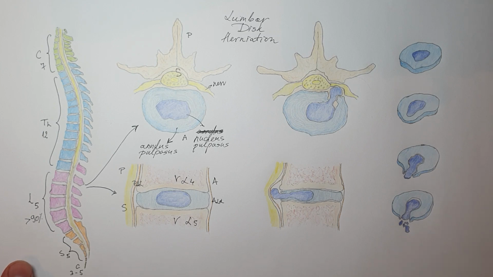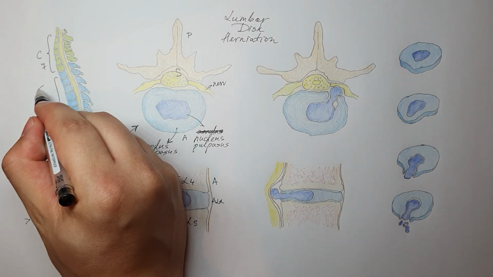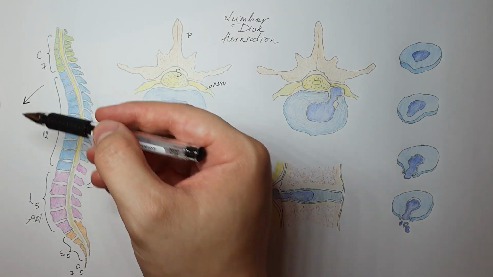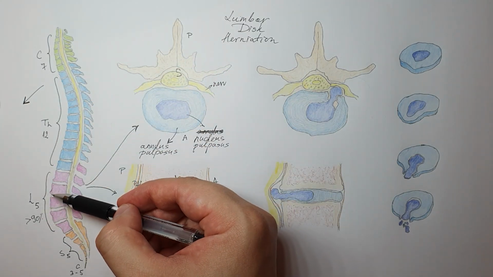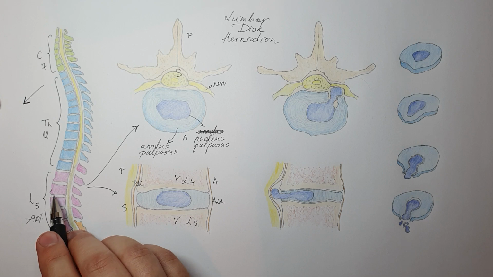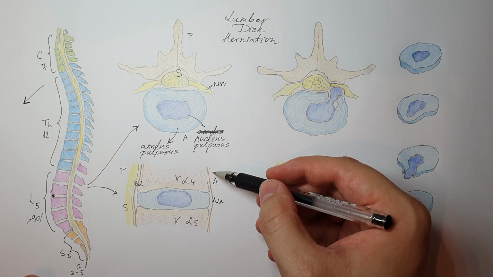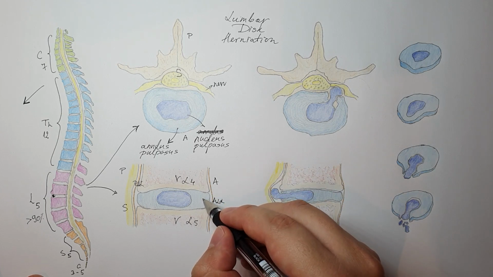Over time, because of our sedentary lifestyle mostly, and other factors that can also be genetic, imagine if we always sit and lean forward. When we lean forward, the pressure will be on the front part of the disc.